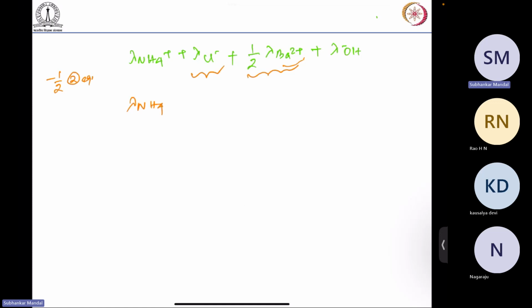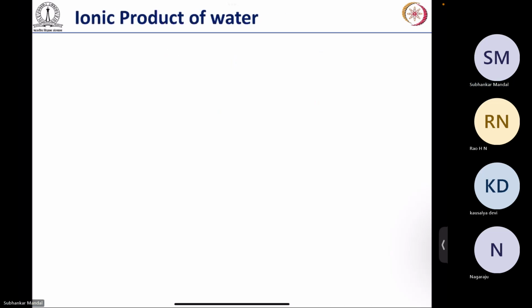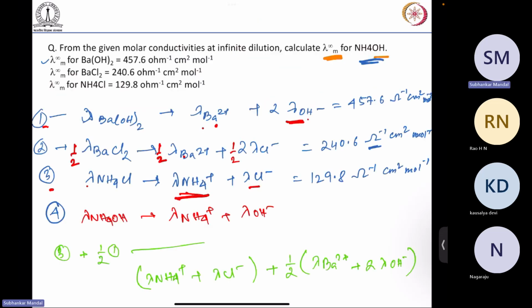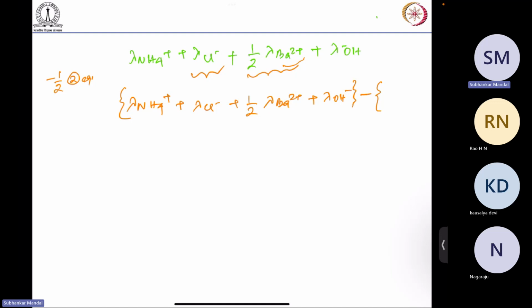Lambda of NH4 plus, plus lambda Cl minus, plus half of lambda barium 2 plus, lambda of OH minus, minus this one: half of lambda barium 2 plus, 2 lambda Cl minus.